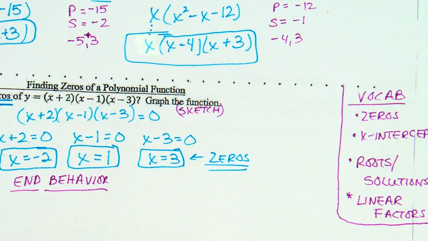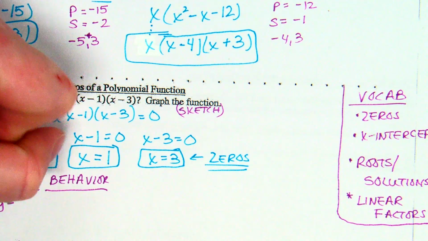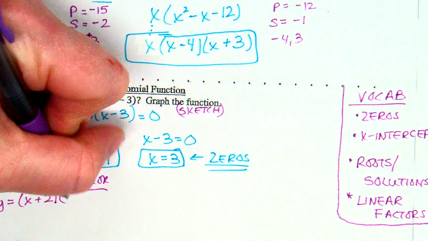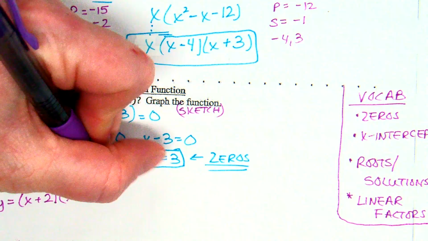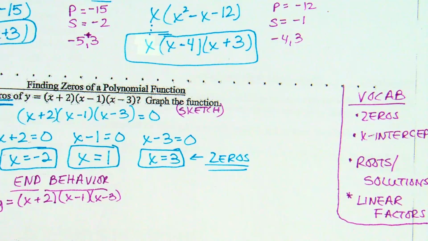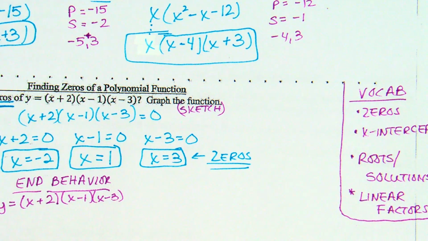So let's look at this equation, which was y equals x plus 2, x minus 1, and x minus 3. Think with me. If I multiplied x plus 2 and x minus 1 and x minus 3 together, what would that first term turn out to be?